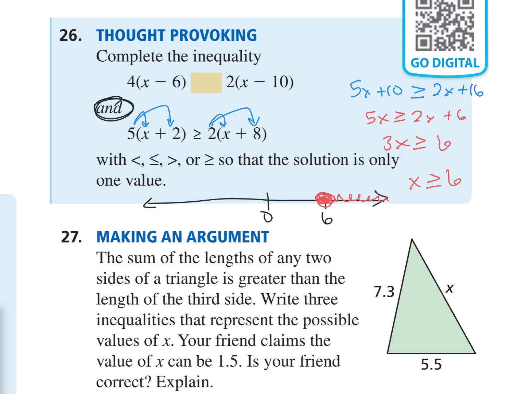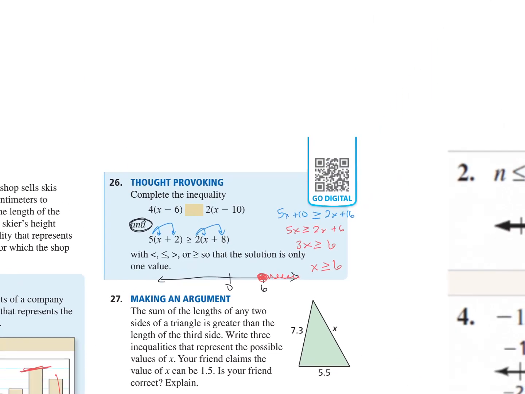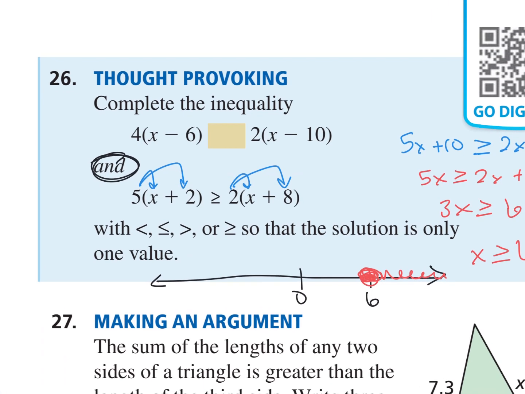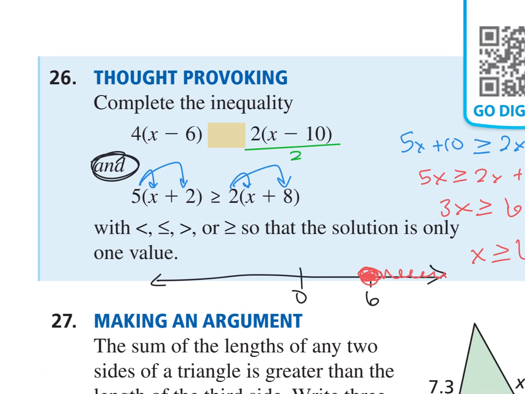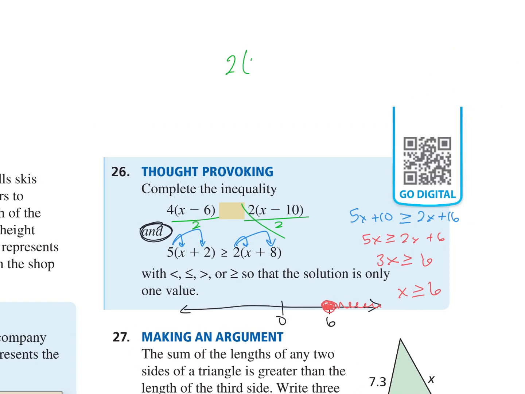And now I'm going to look at this one. So I'm going to zoom out and do it up here. Again, on this one, I can divide by 2. And what will happen is it kills that 2. And on the left, I would get 2x minus 6. And you might be thinking, well, this isn't all that helpful. I know. But you know what?